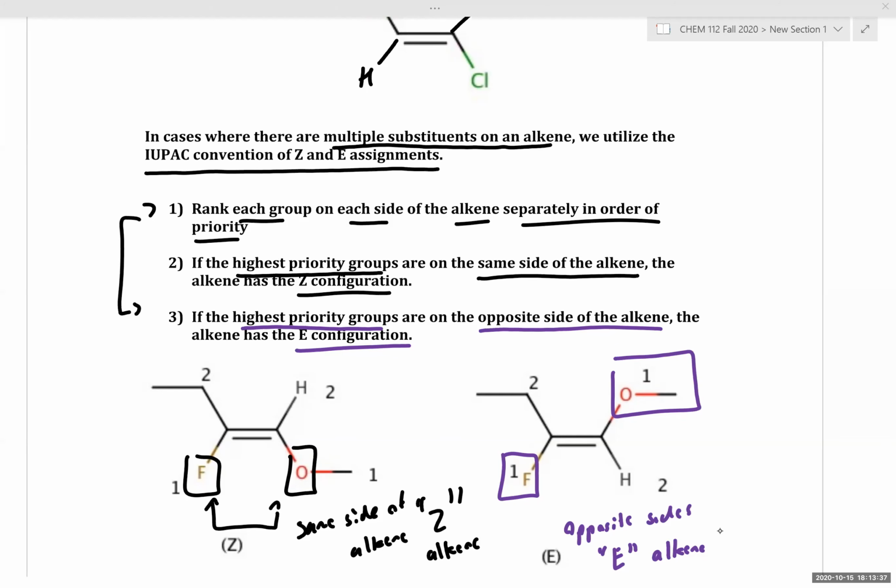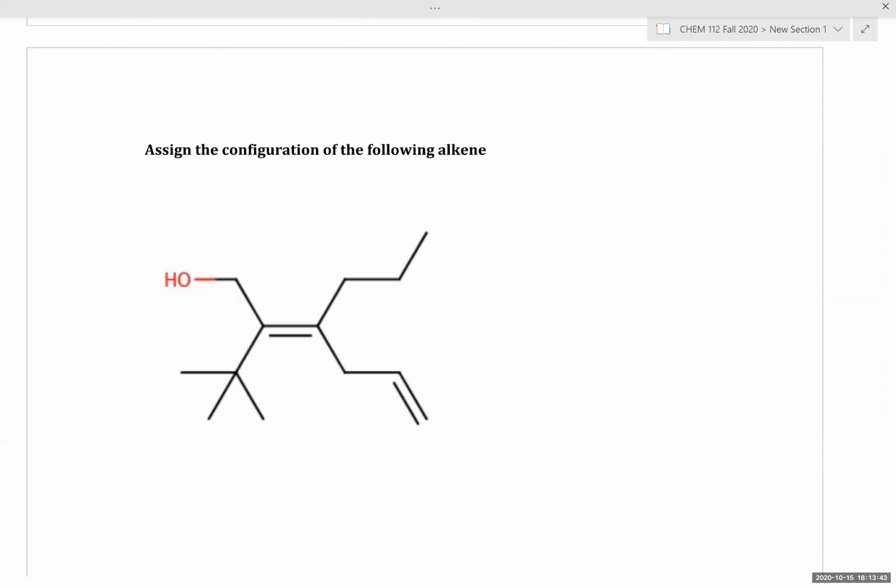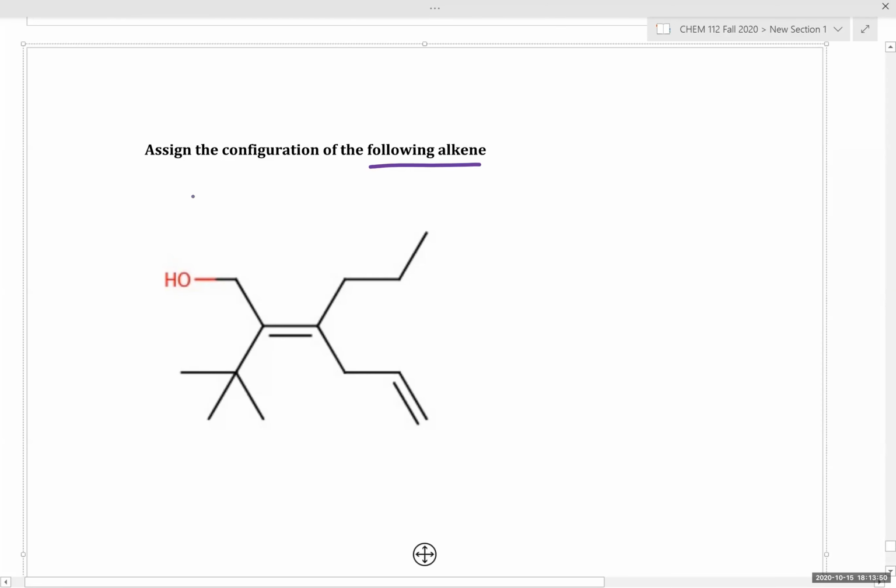What we're going to do next is apply what we've learned in this section to an example. I'd like us to assign the configuration for the following alkene. Remember, you look at the left and right-hand side of your molecule on your alkene. You rank the groups in order of priority.